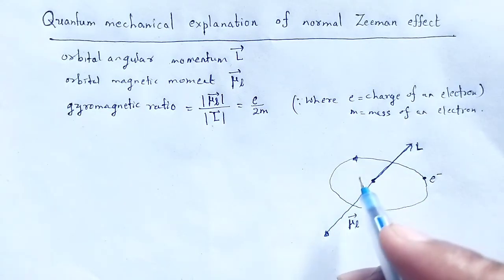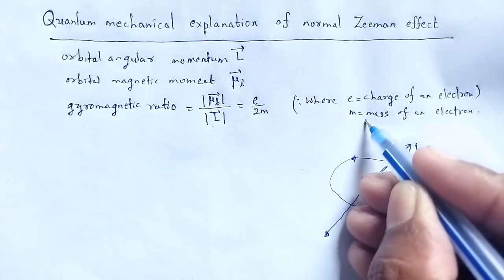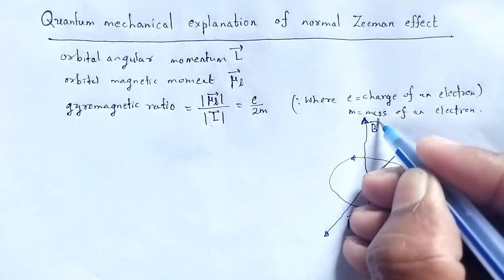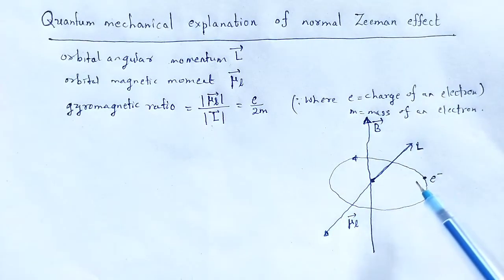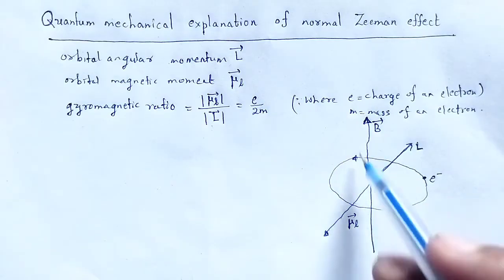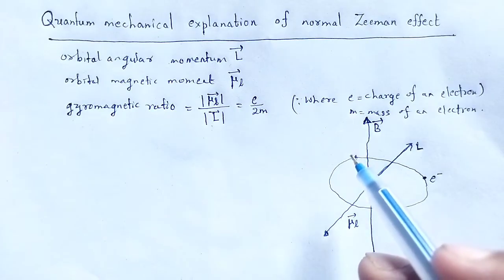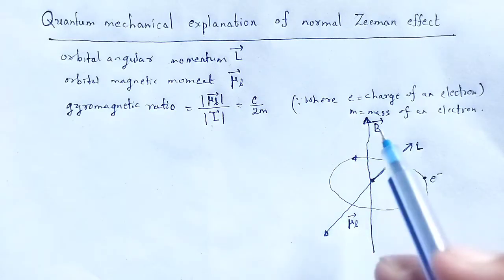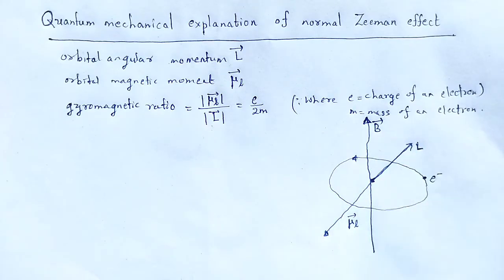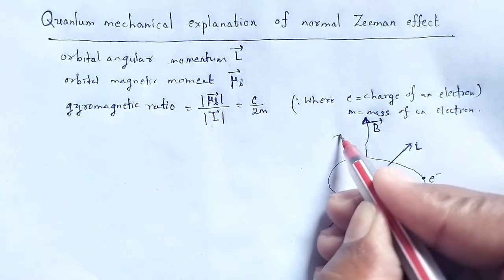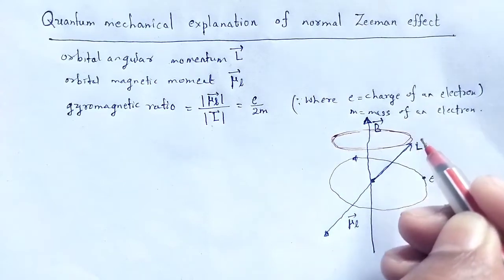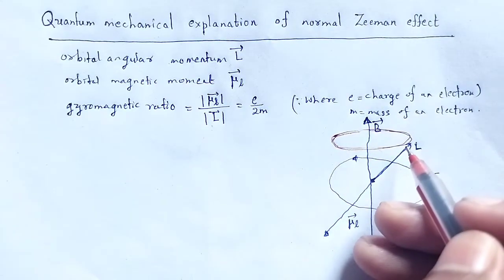When the atom is placed in an external magnetic field B, say along the z direction, the angular momentum L vector precesses around the B vector with quantized components.